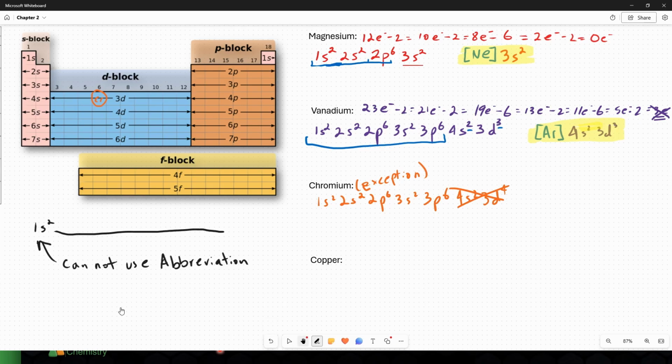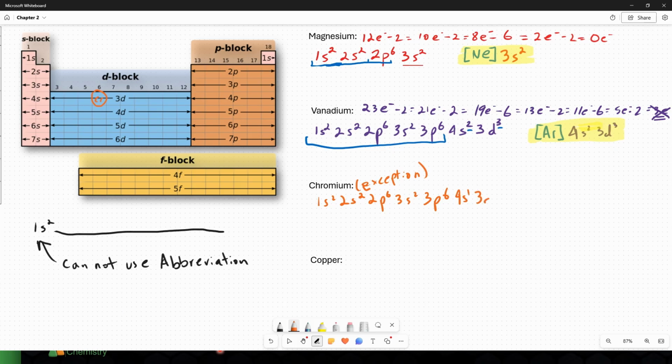What we're going to do instead, and that you have to remember for chromium, is that we will grab the 4s and only put 1 electron into it. What that allows us to do is that now this 4s is half filled.